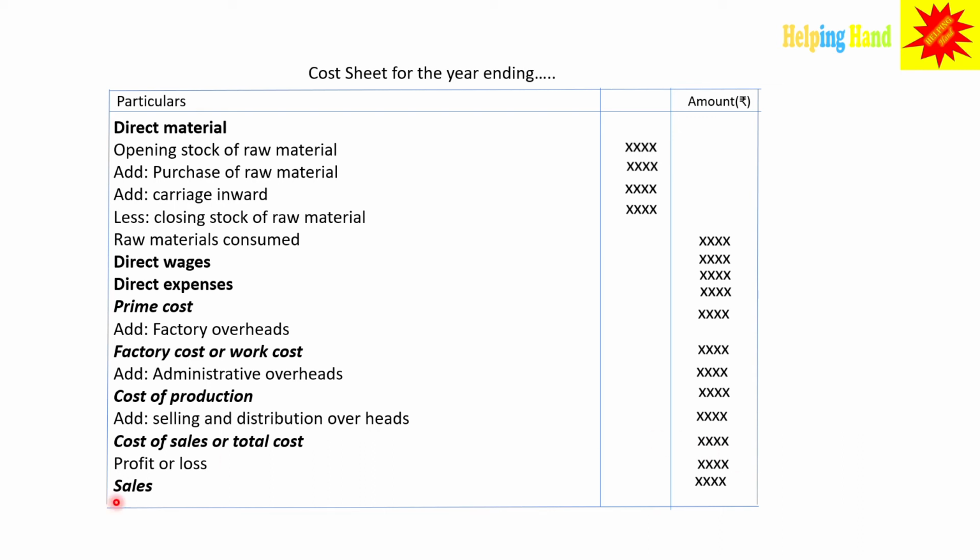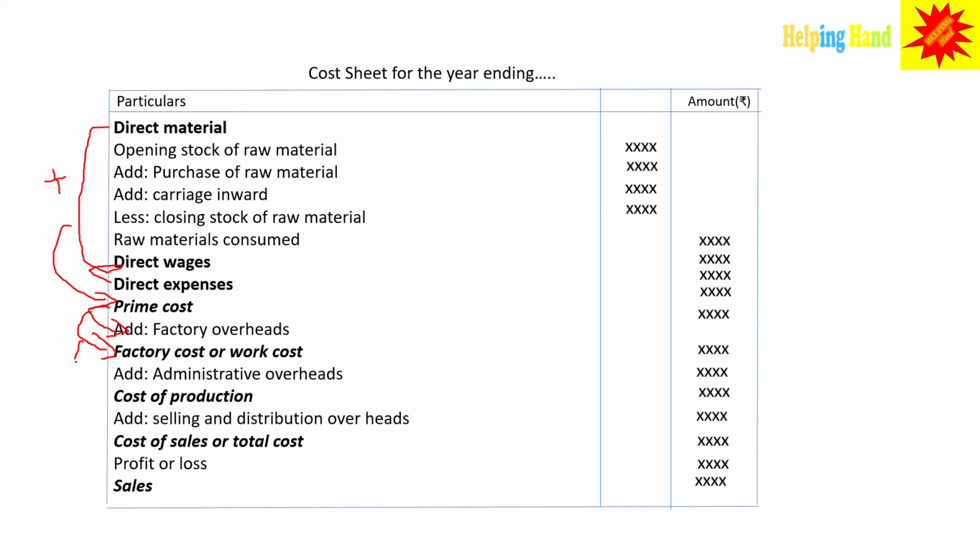Okay. So once again, we'll go with a quick revision. First we add our direct materials, direct wages and direct expenditure to arrive at our prime cost. To our prime cost, we add the factory overheads to arrive at our factory cost or work cost.